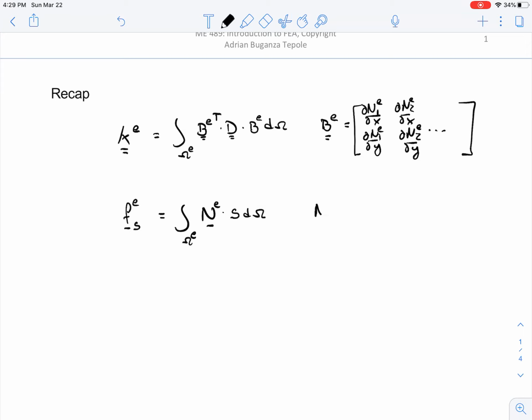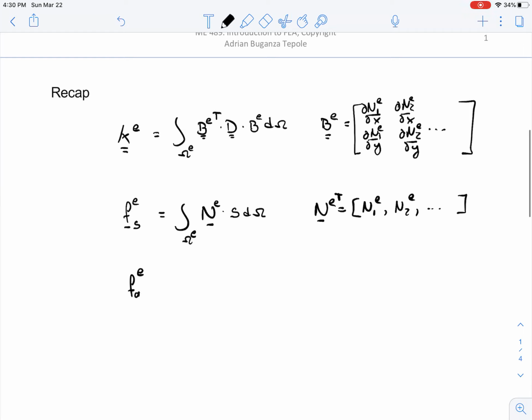The source term is a scalar. So this NE vector is just a vector with all the shape functions, N1e, N2e, and so on. And then finally, the force vector corresponding to the flux term would be the integral over the boundary of the element that is part of the boundary with natural boundary conditions.